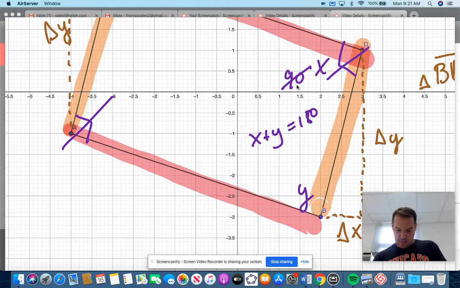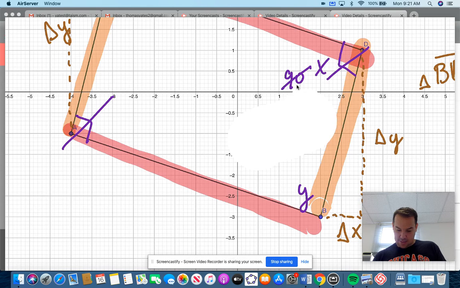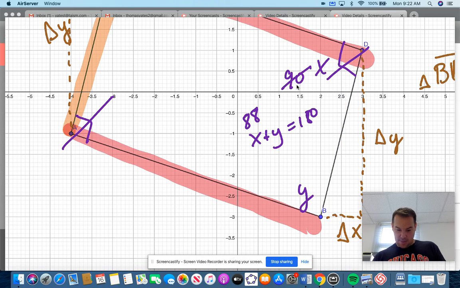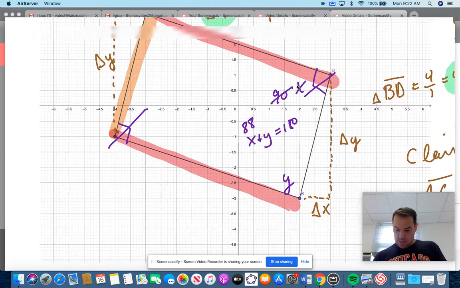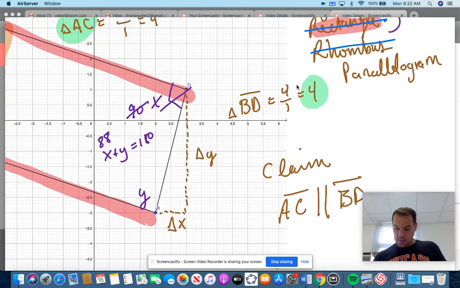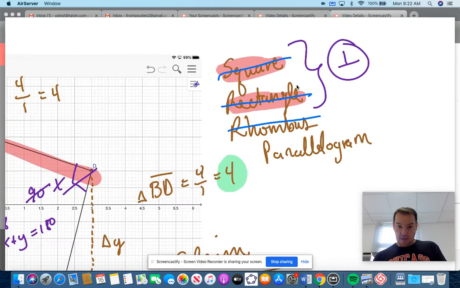If that's not 90, then guess what? There is no way that Y could be 90 either, right? Just pick any other integer. Let's go like 88. If that's 88, this Y is going to be 180 minus that 88, not 90. So you have a very neat logical proof right there that they're not 90, in fact, all right? Thus, I've got that ruled out.